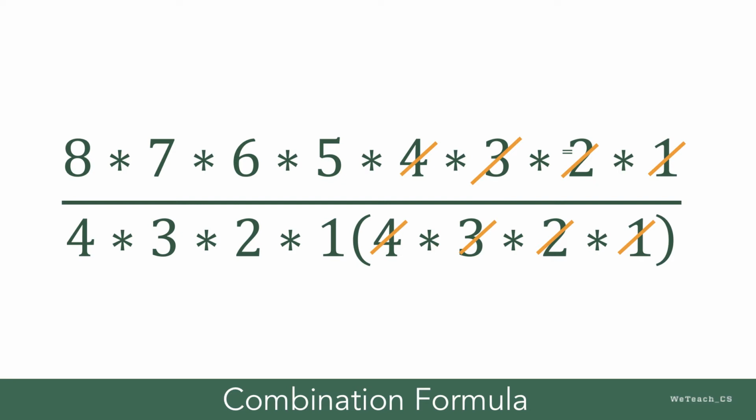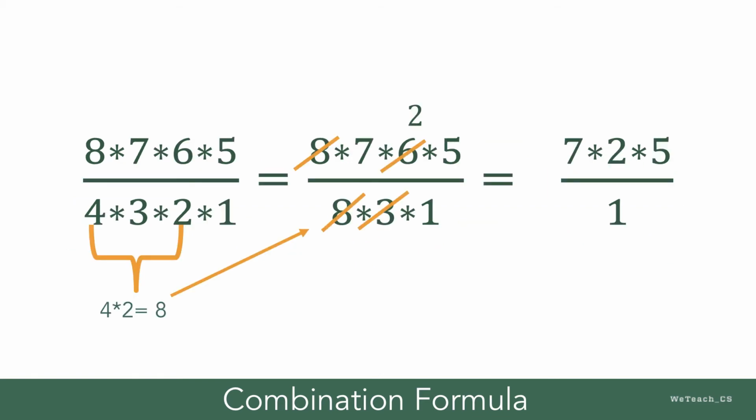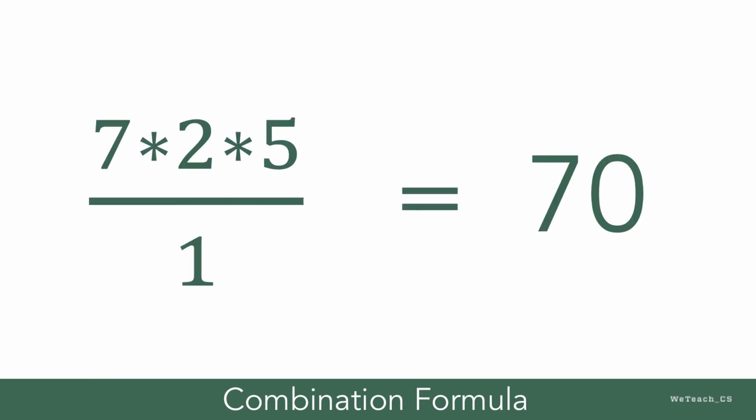We will then cancel out the values, leaving us with 8 on both the numerator and the denominator, then cancel 3 from the 6 in the numerator to get 2, leaving us with a total of 7 times 2 times 5. Finally, we use standard multiplication: 7 times 2 is 14, times 5, we get 70, and that is our combination.